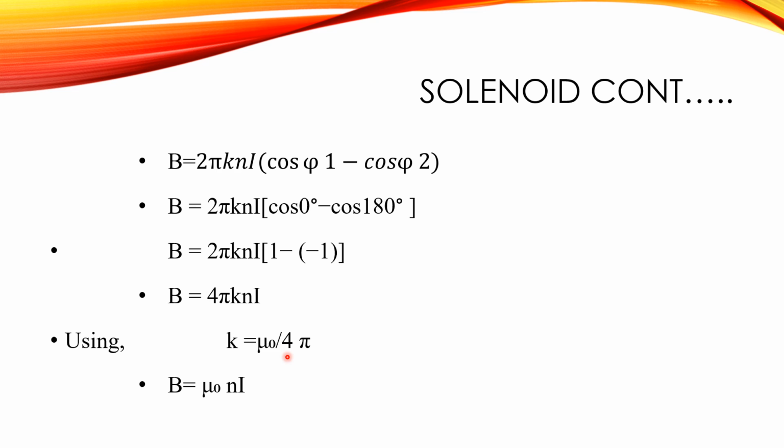When we substitute this value, we get B equal to μ0 n i. So this is the equation for a solenoid obtained from the Biot-Savart law. With this, I stop here. Thank you.